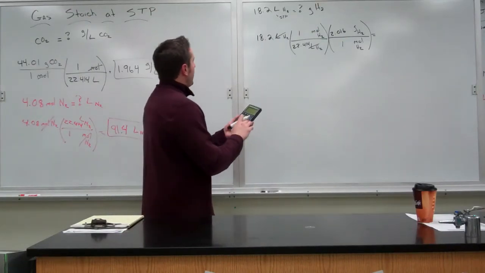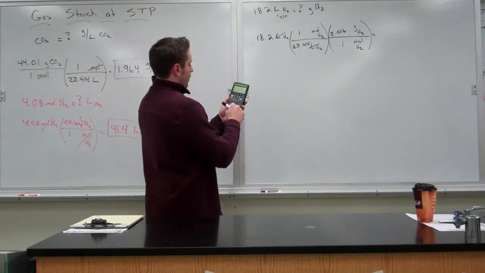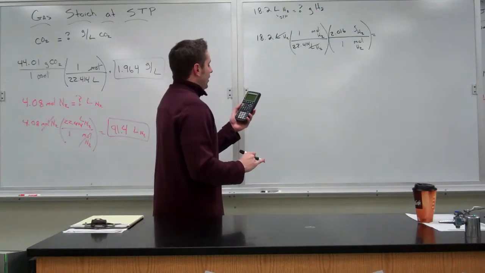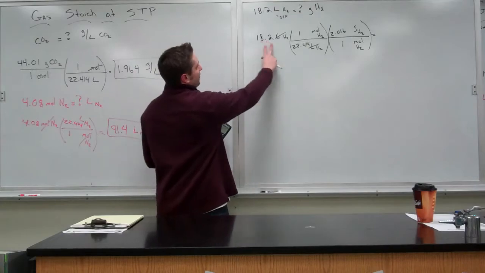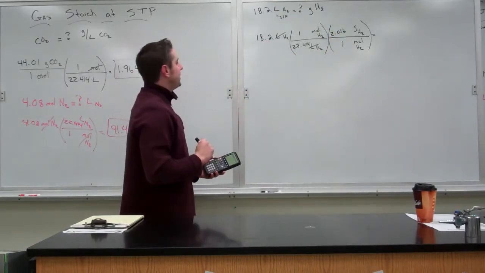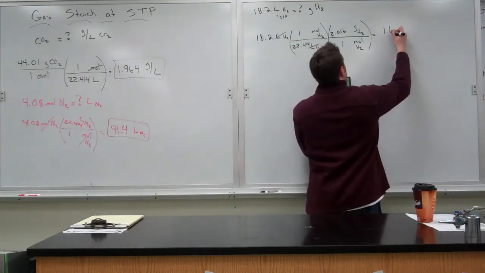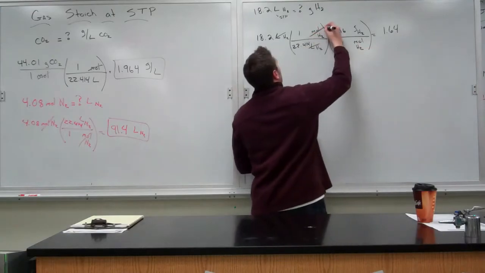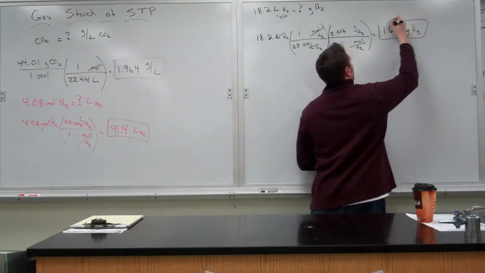Now we do our math in the calc. 18.2 divided by 22.414 times 2.016. The calculator says 1.6369. I get 3 sig figs here, 5 here, 4 here. That means 3 sig figs in my answer. So with 3 sig figs, this becomes 1.64 grams of H2.